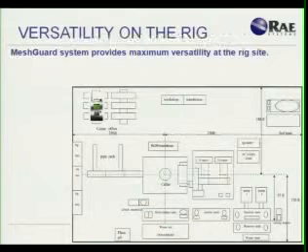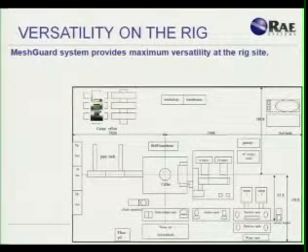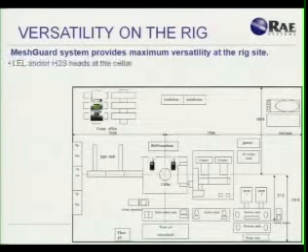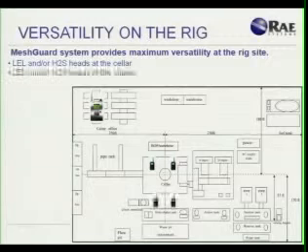So what does the wireless do for you in oil and gas exploration? Really what we're talking about is the versatility on a rig. Up on the screen now you can see a general layout of a rig. What the wireless system does is provide you the maximum versatility on this rig. For example, you can use LEL monitors and H2S heads at the cellar, right where the drilling is taking place.